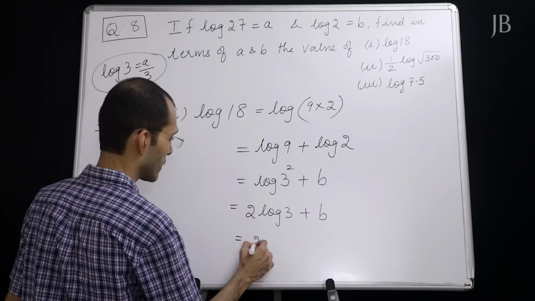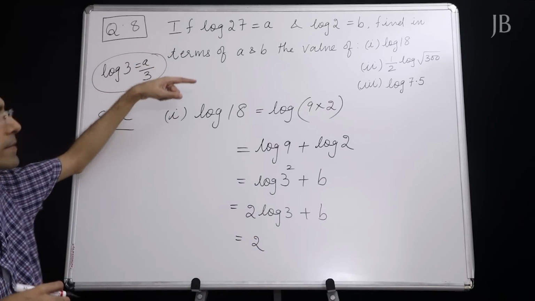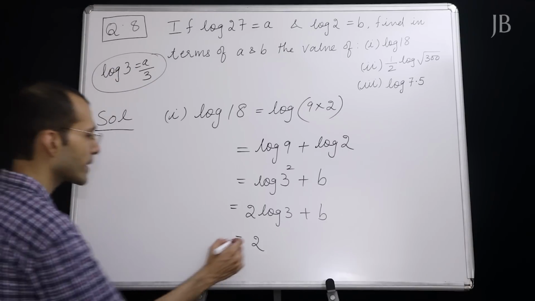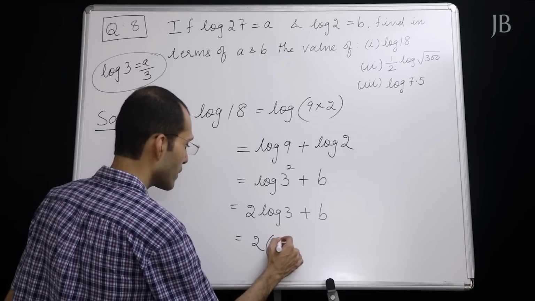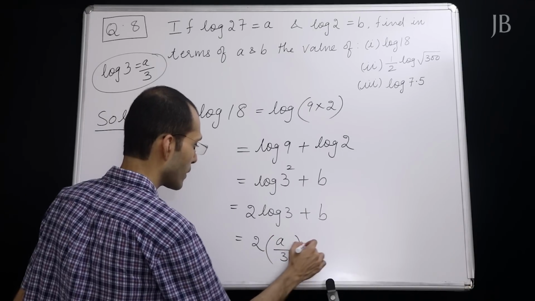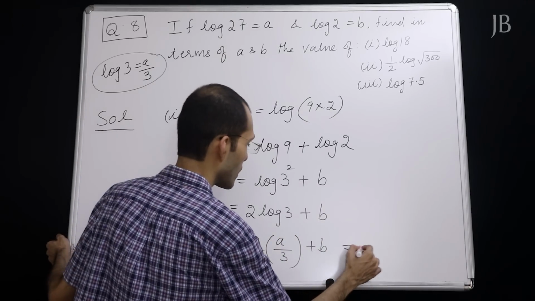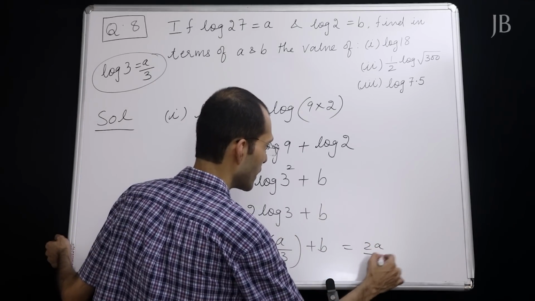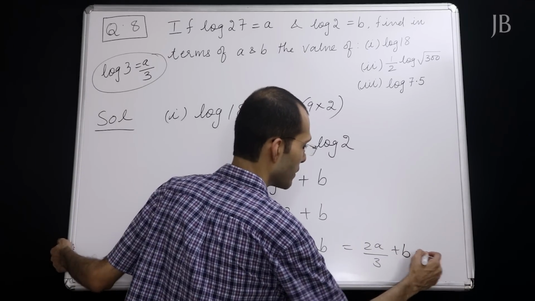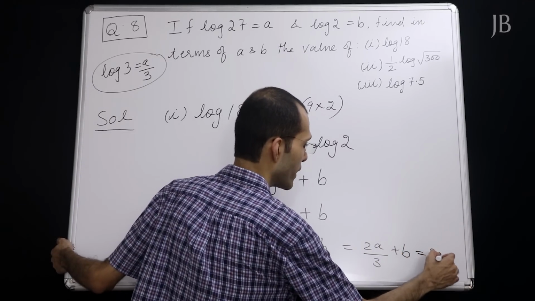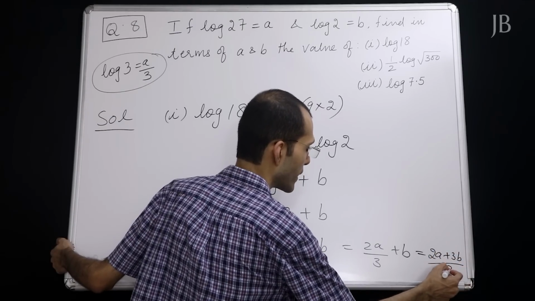Oh, this is nice. Log 3 we extracted in the beginning from log 27. So log 3 is A by 3. This log 3 will be replaced with A by 3 plus B. So this is how much now? 2A by 3 plus B. We can take the LCM further, so it will be 2A plus 3B, the whole divided by 3.